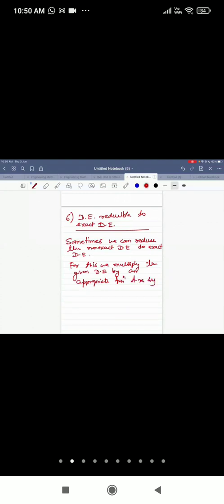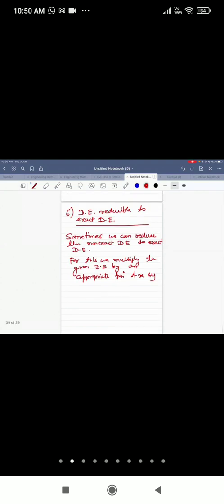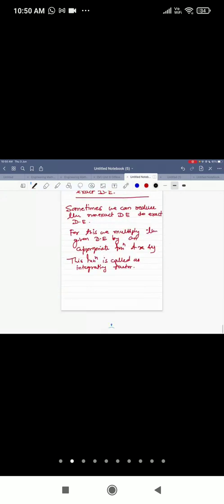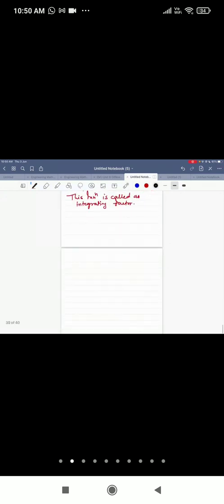This function is called the integrating factor. Now, this definition of integrating factor I have given in simple language. Now, let me give you the standard definition of integrating factor.